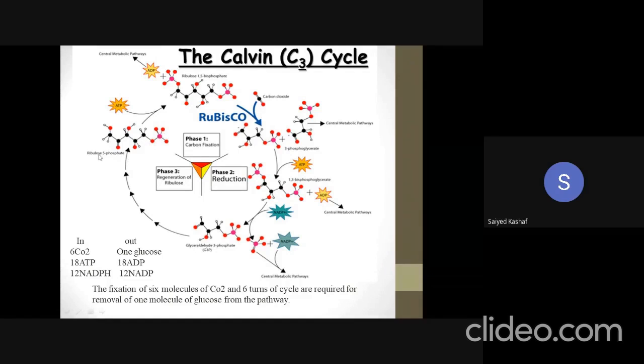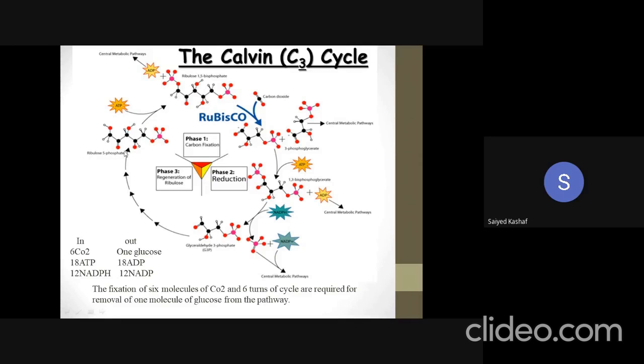We know that ribose is a pentose sugar, and the isomer of ribose is ribulose. So the ribulose is attached with a phosphate group. That's why we call it ribulose 5-phosphate, right?